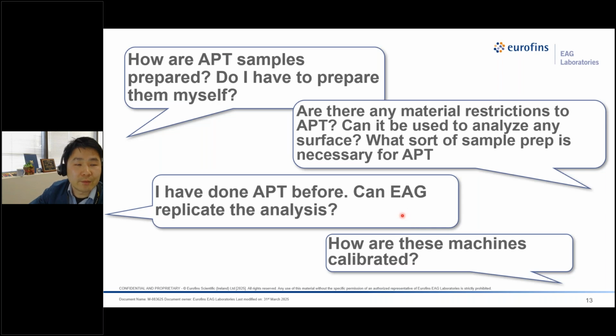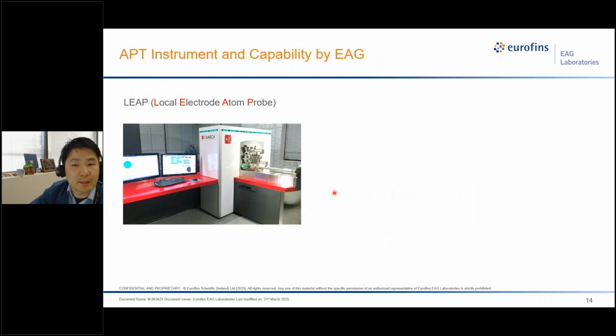We also received questions about how atom probe samples are prepared, what kind of calibration we do on our instrument, what kind of restrictions we have on sample preparation, and what kind of service we provide. The instrument we have is the LEAP 5000 XR system.